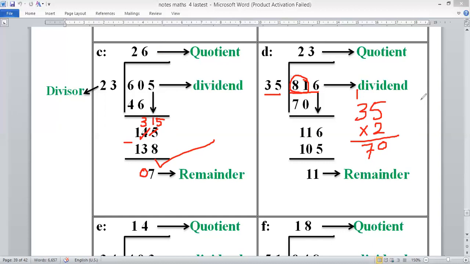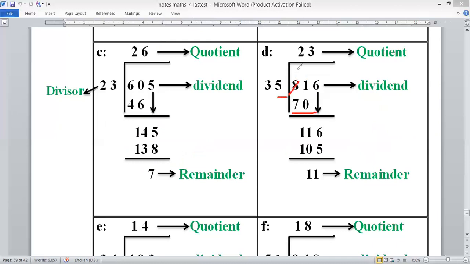When you multiply 35 by 3, definitely you will get the number that is more than 81. 5 threes are 15. Carry 1. 3 threes are 9 plus 1, 10. 105 is greater than 81. Therefore, we will multiply 35 by 2. We get 70. Now subtract 70 from 81.